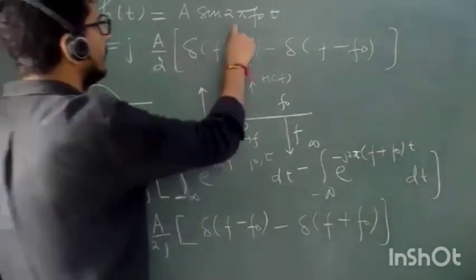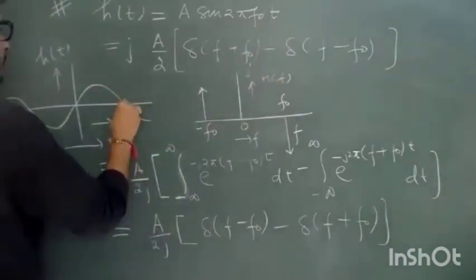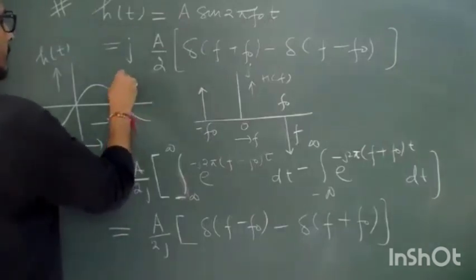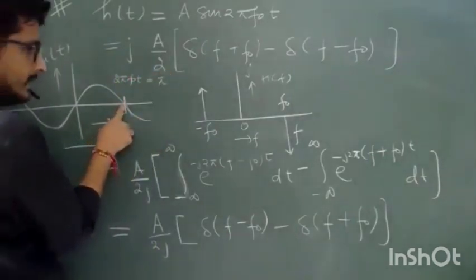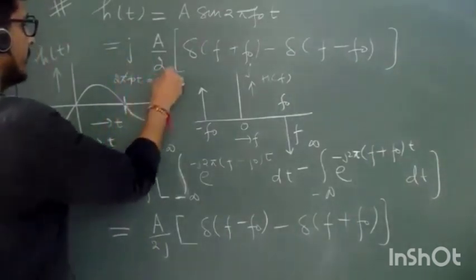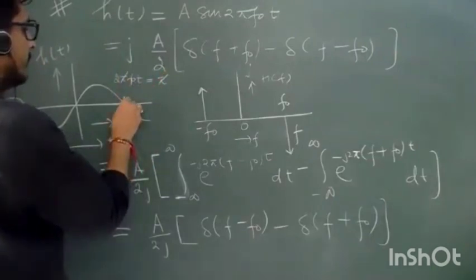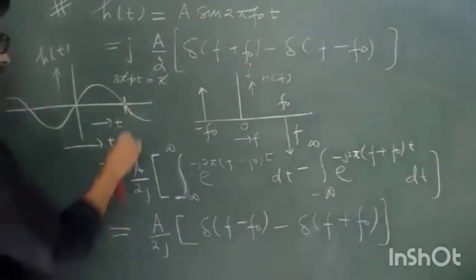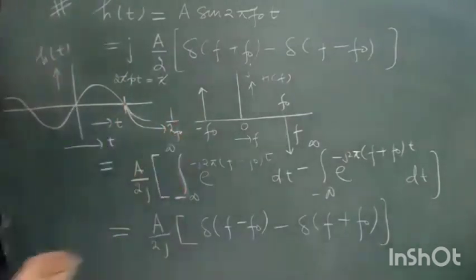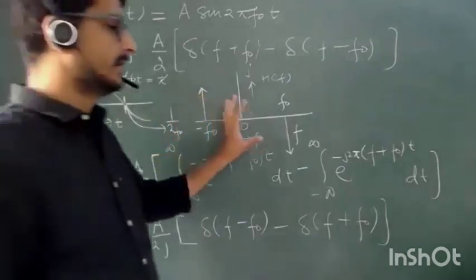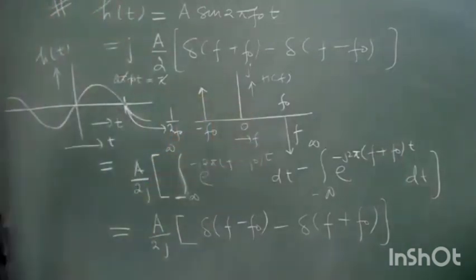And when this whole will become pi, then this value can be calculated by putting 2 pi f naught t is equal to pi. Because here pi should be there, na? Pi पे 0 होता है, so it will cancel. So this value is 1 upon 2 f naught. So this frequency is 1 upon 2 f naught. So this photo is converted to this photo in Fourier space.